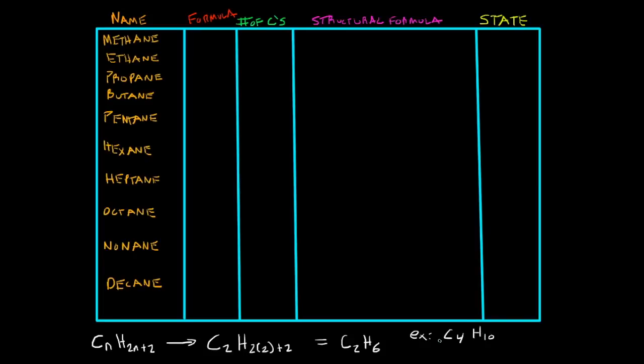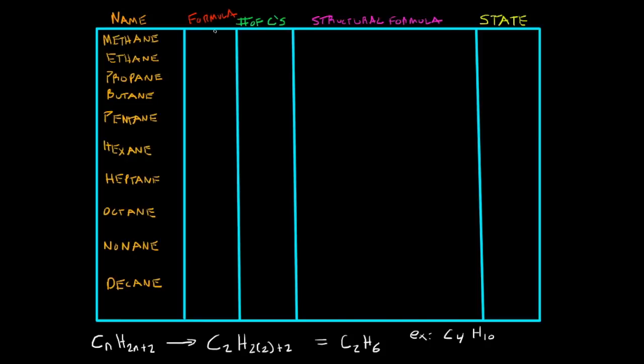So I'm also going to talk about the structural formula, the number of carbons, its formula, and then the state that it's in. Lighter alkanes are in a gaseous state, and heavier ones are in a liquid state. I'm going to start with methane. We will do this whole column in red.